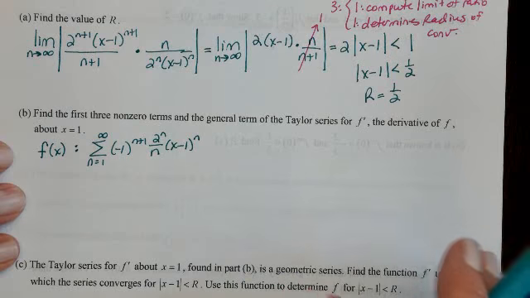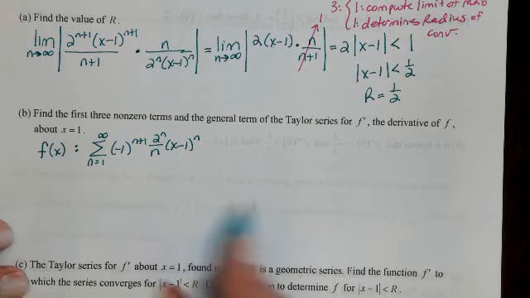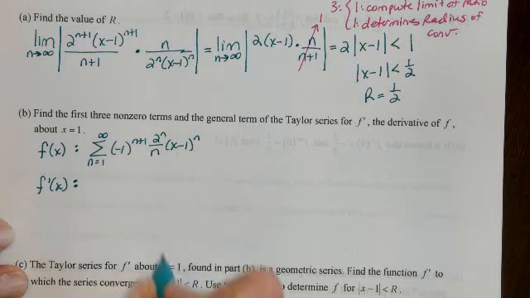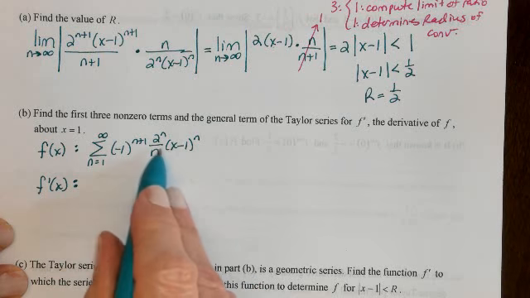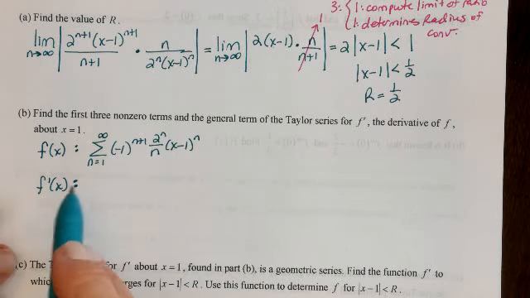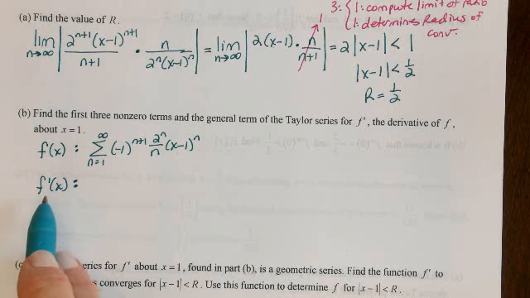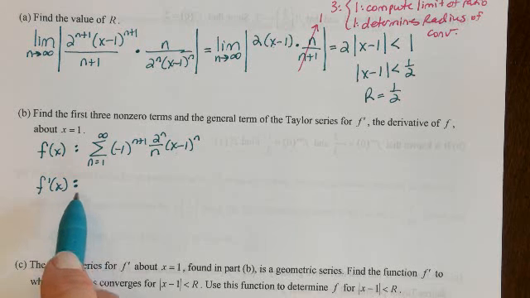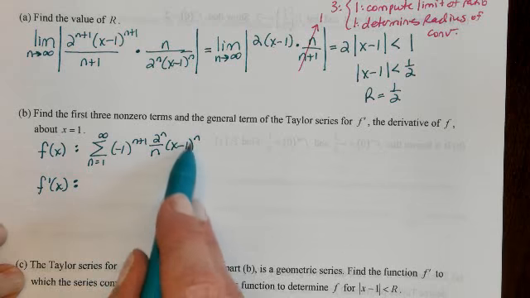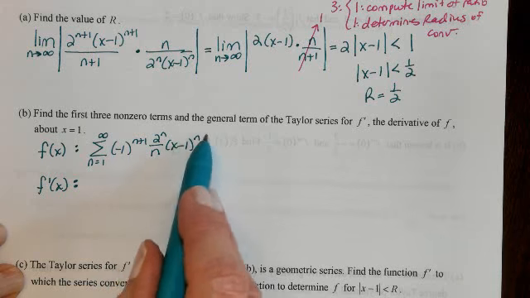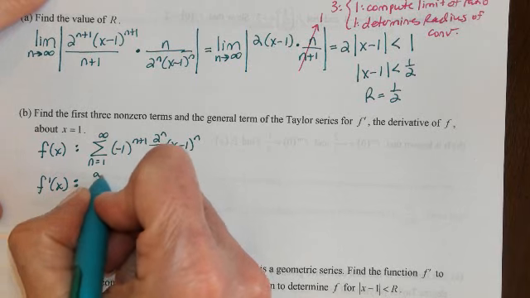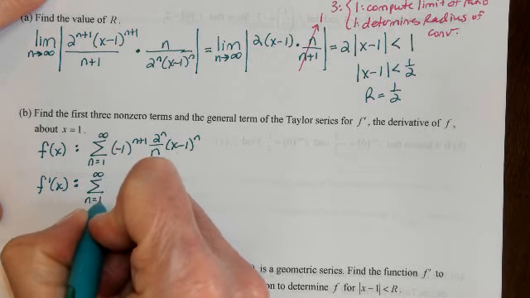So the series for f prime of x, I'm going to take the derivative of this with respect to x, right? Taking the derivative with respect to x. So this is just a little power, and I'm going to treat n like a number.